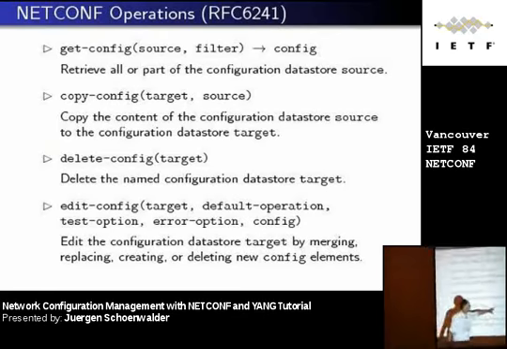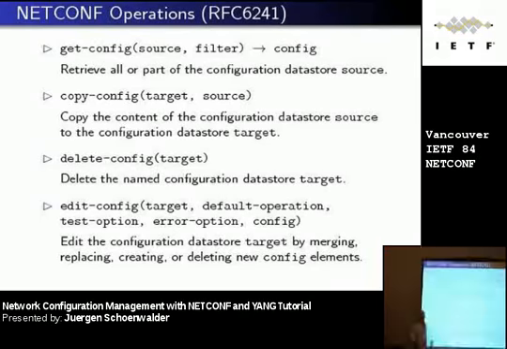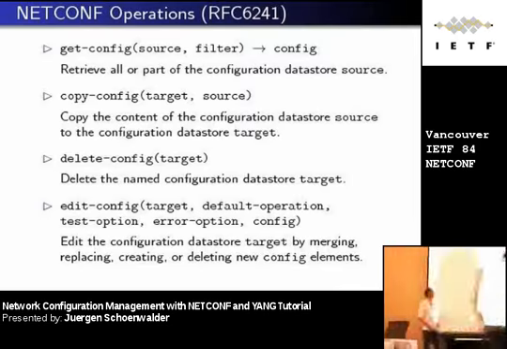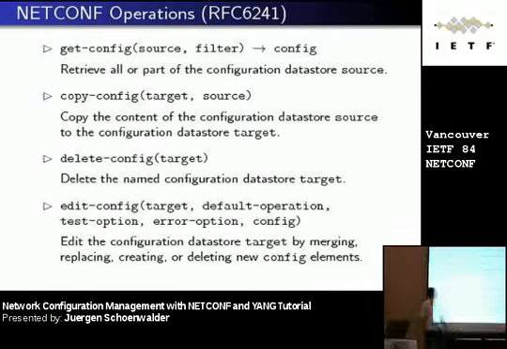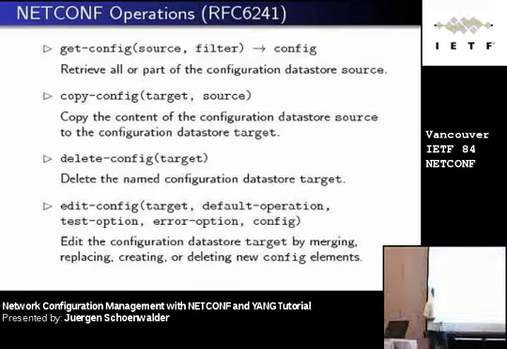The arguments in the middle, most of the time you'd like to ignore them, but some of them are really useful. The default operation says what you should do with the config that's provided here, to be loaded or to be added or to be removed by default.